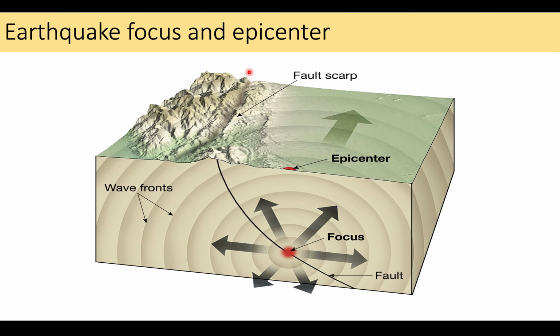When you do see a fault scarp, you know not all of your earthquake epicenters are going to be right along that fault scarp, because the type of fault that you have shows us that we could have deep earthquakes, which means that your epicenter is going to be offset from your fault scarp, offset from the actual location of the fault on the surface of the earth. So our earthquakes are not always going to be right on that fault, because they can be at depth.